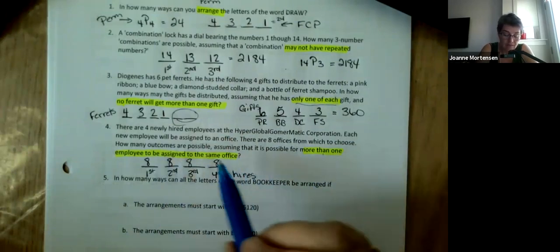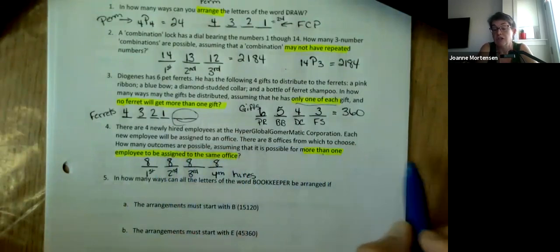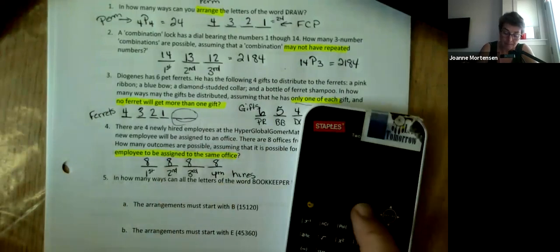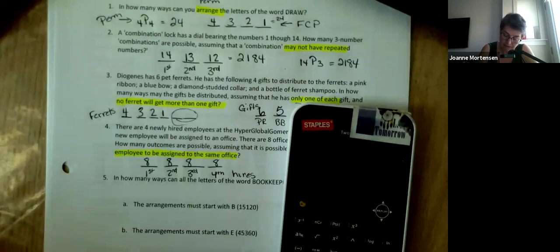If it says how many outcomes are possible, assuming that they don't share offices, then we'll go 8, 7, 6, 5. But because they can share or be assigned to the same one, it's going to look like that. So we got 4,096.